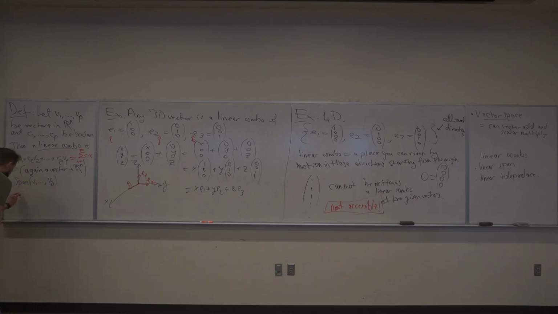Span of these is the collection of all linear combos of v1 to vp. So linear combinations and spans are all about accessibility, where you can reach from the origin.